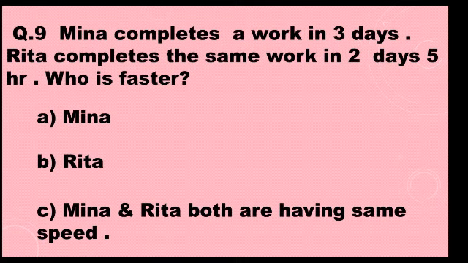You can convert it in days or in hours, but I suggest you convert it in hours because it is easier. When we convert, we should always convert the bigger unit to the smaller unit. That will be easier for you to understand which is the bigger one and which is the smaller one. The options are also given. You check it and answer it.